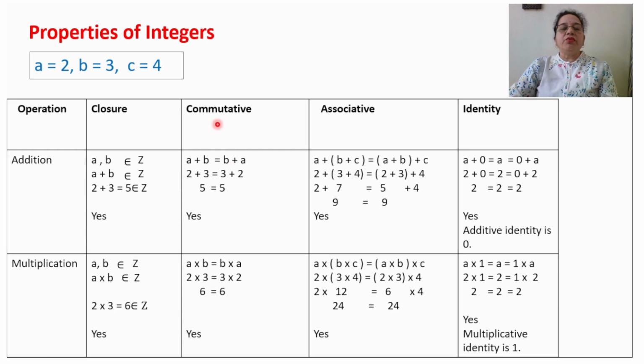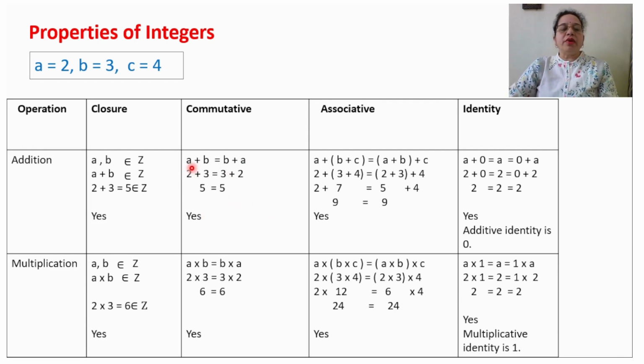Now come to the second one, that is commutative property. Commutative property is related to two numbers. So if two numbers are integers, and if we interchange the numbers, it means a plus b or b plus a, just interchange the numbers. If the sum is the same, we can call it commutative property.